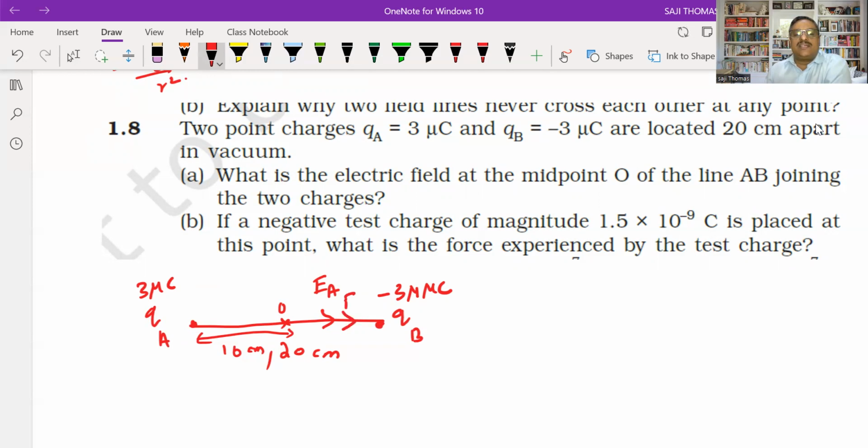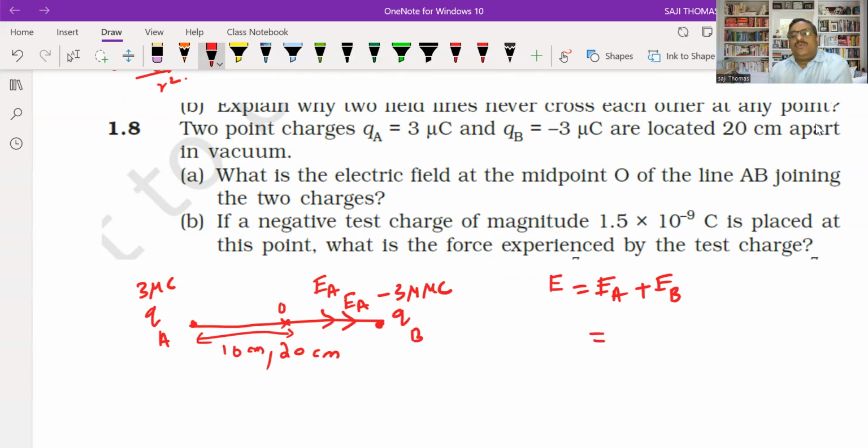So in this direction. Both the fields are in the same direction, so they add up, simple. What will happen to the total electric field? EA plus EB, they add together. Why? Direction is the same. We learned for a negative charge, the field is directed towards it; for a positive charge, directed away from it. So at the point O, both the fields are along the same direction, so you just add them.